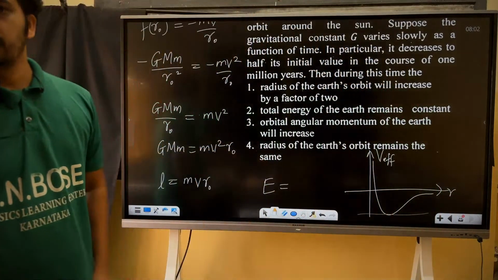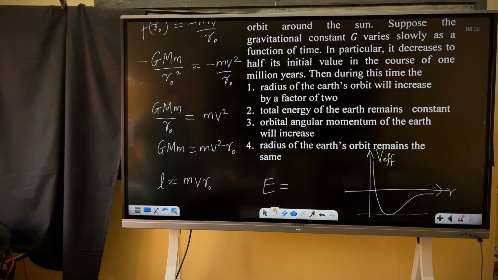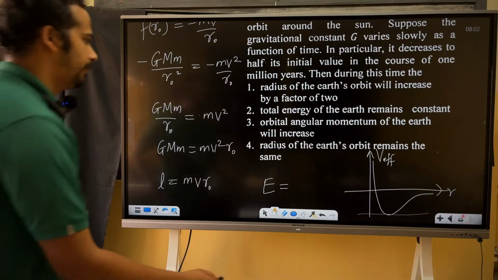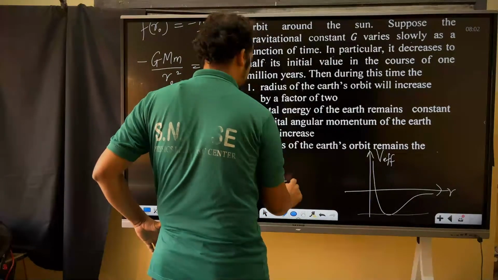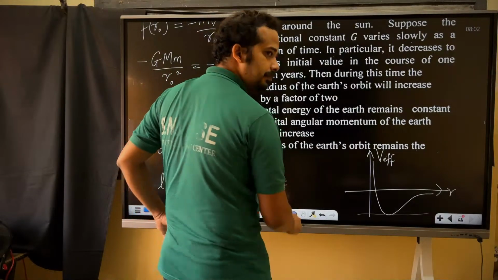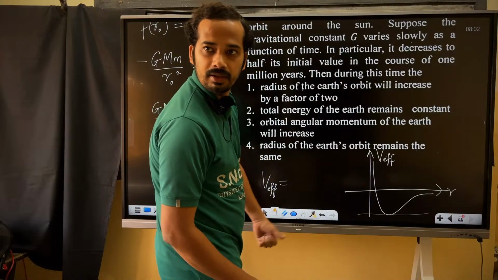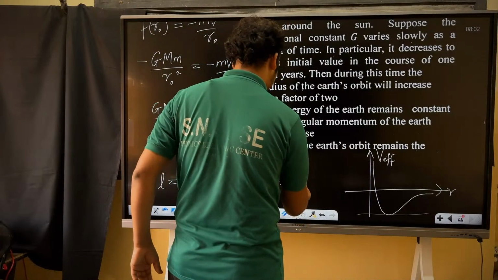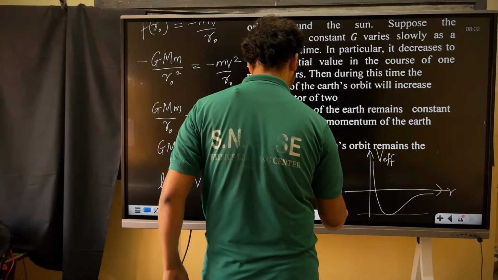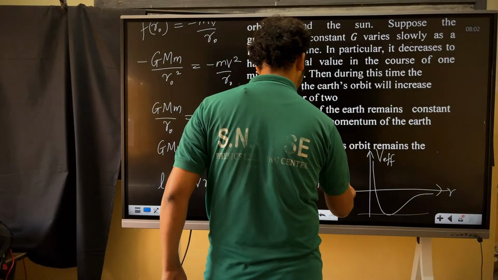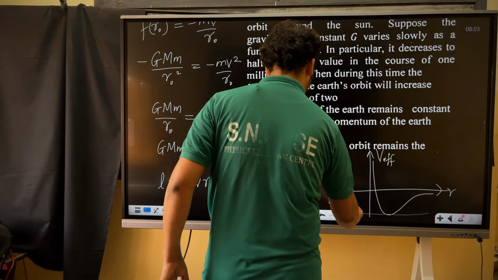For an attractive inverse square force. Now what I'm saying is, when you change that G, that V effective. What was the V effective formula? Minus K by R. V of R, that is minus G M by R, plus L square by 2m R square.